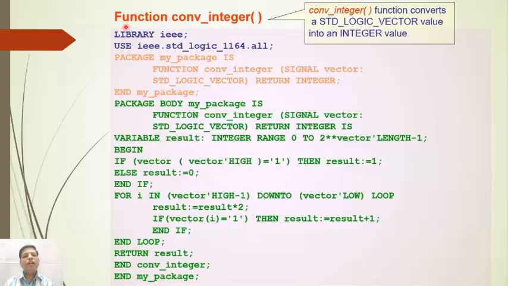Then we have declared the convert_integer function. The convert_integer function converts a std_logic_vector value into an integer value.